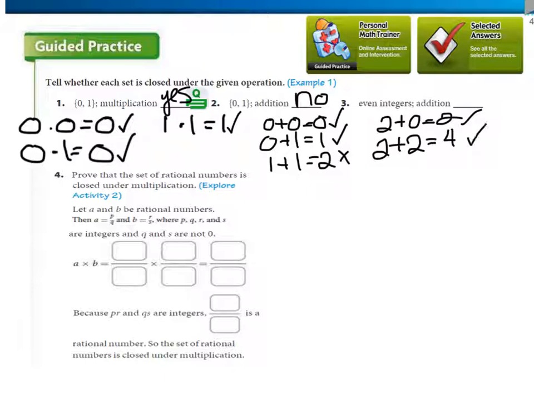That still gives me another even integer. Well, what if I take a positive even integer and a negative even integer? Well, in this case, that's 0. That's still an even integer. Well, what if I have two negatives? Well, that's still an even number, so this one is closed.